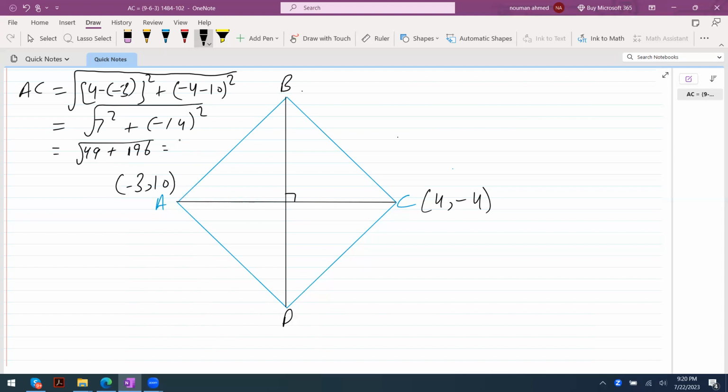So that is 15.7 units approximately. AC. No centimeters, just units. Any doubt you can tell me now?